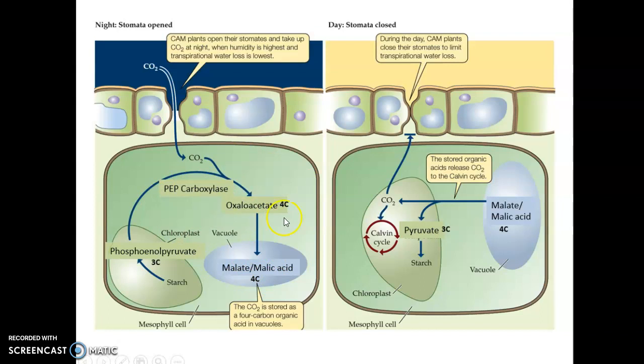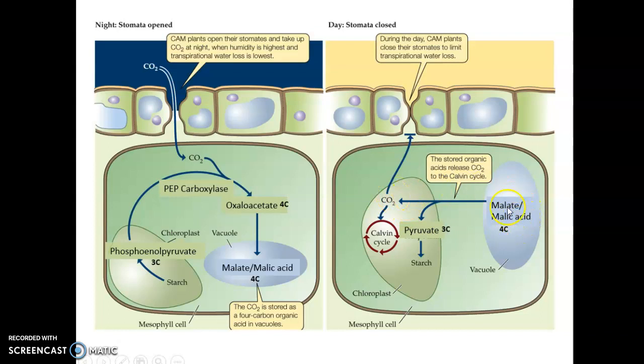During the day, malate stored in the vacuole undergoes oxidative decarboxylation. Malate is oxidized and releases electrons, received by NADP+ reductase, not shown here. At the same time, malate undergoes decarboxylation, releasing one molecule of carbon dioxide.